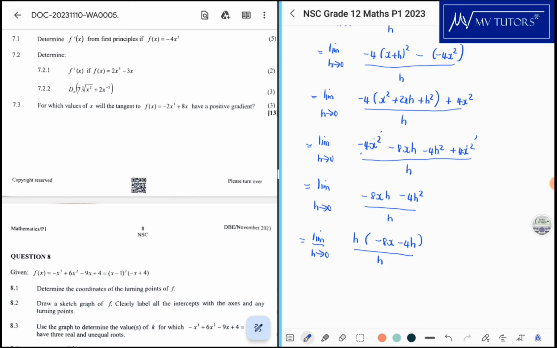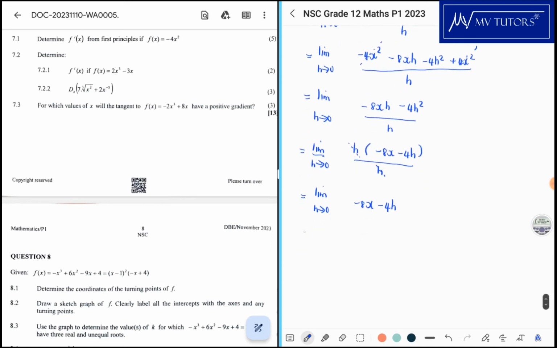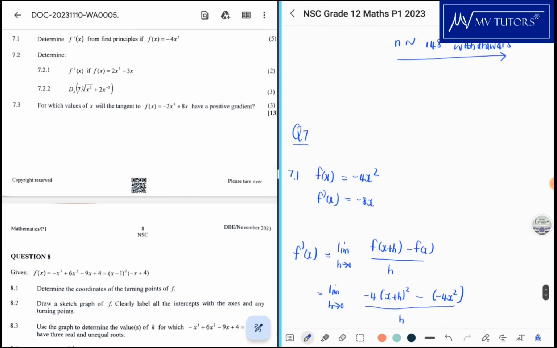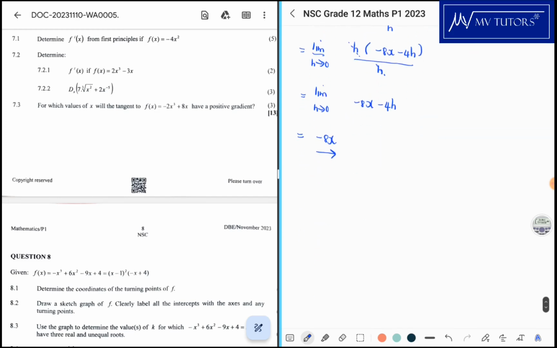So these h's cancel out. And again, for the last time, the limit as h tends to 0, we have negative 8x minus 4h. Now, if we then substitute 0 where h is, what are we left with? We are left with negative 8x. Is that what we had initially? Yes. So we know that we are right, and that is a nice 5 marks.